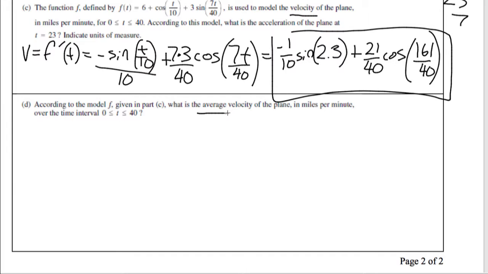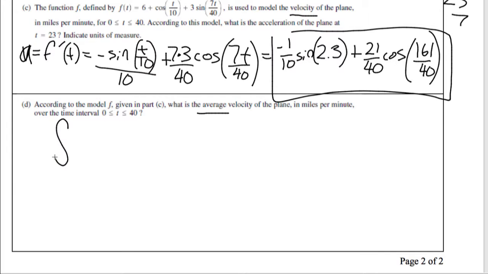I guess I'm just asking the question wrong, but right here, this represents what? Acceleration. I don't know why I wrote velocity there. It should be acceleration. So this represents acceleration. What do I do to acceleration in order to get average velocity? Take the antiderivative.